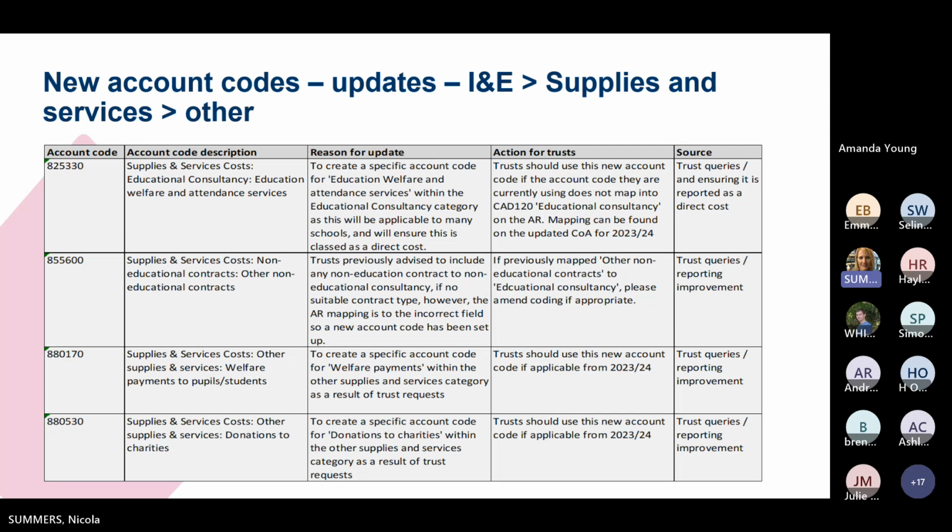Other updates we've made to supplies and services: we've added an education welfare and attendance services account code, as we've had a lot of queries from trusts that there wasn't anything existing for that, and nothing similar either where we could advise trusts to allocate it and add their own local account code. There's also another non-educational contracts category now, because within our non-educational contracts there was no catch-all for anything that wasn't specific, so that might be helpful.